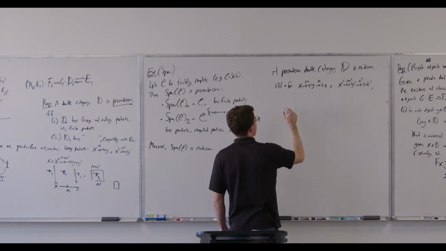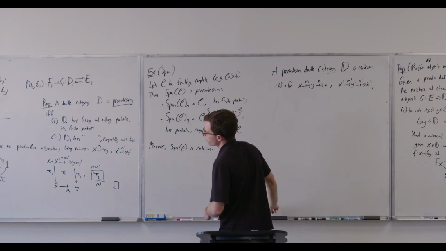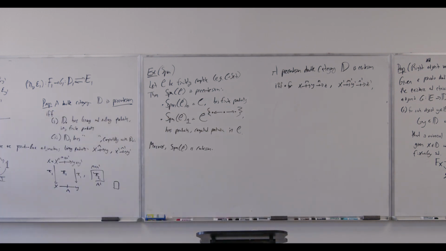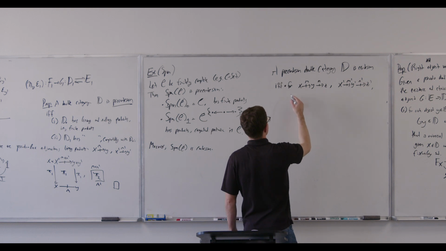I have a comparison cell. So let's remember that my products here, this is a lax functor from D squared to D. So I am afforded with comparison cells that look like this.